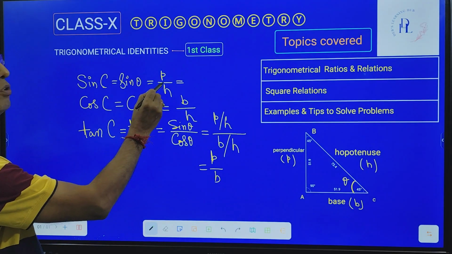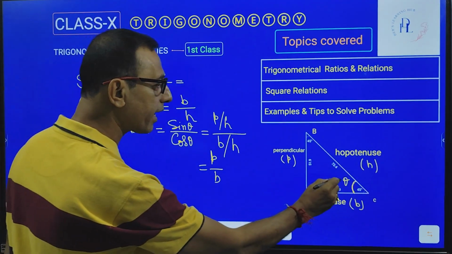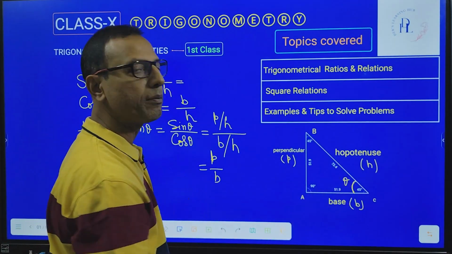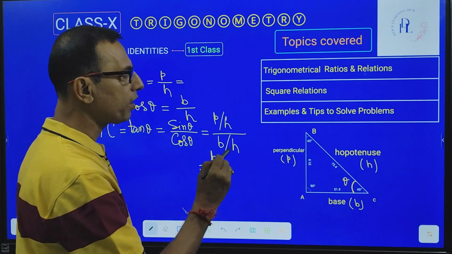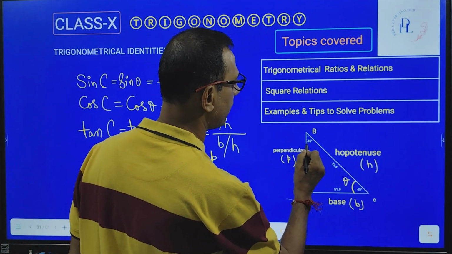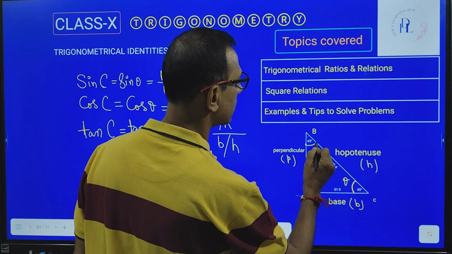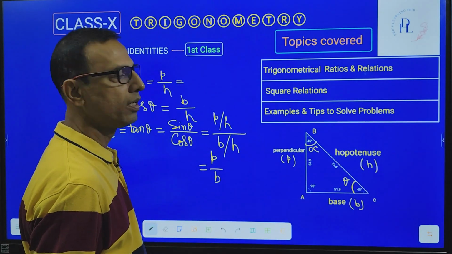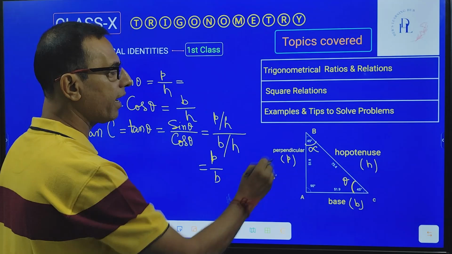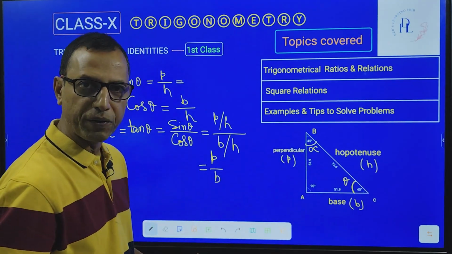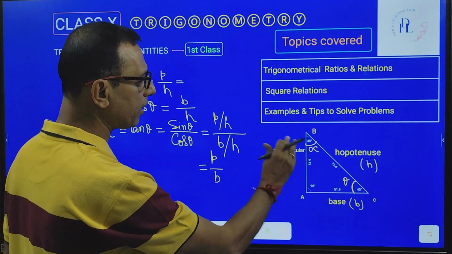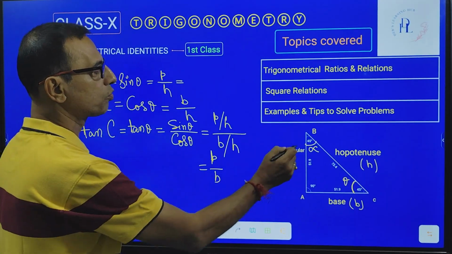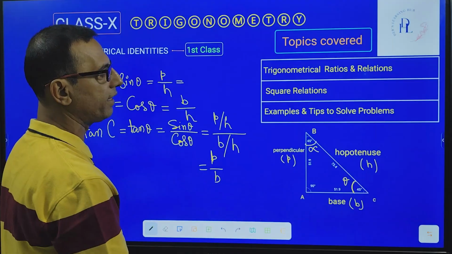What is this angle theta? Theta is the angle between hypotenuse and base. So if somebody asks you to find sine alpha, the hypotenuse is fixed, but the perpendicular and base are in relative positions.